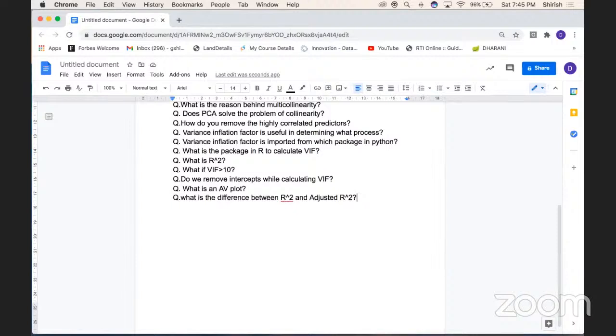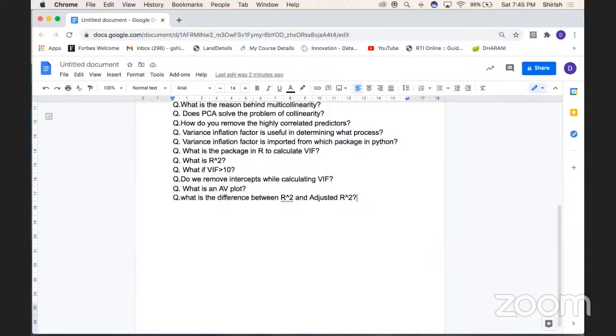Every independent variable is considered for explaining the variation. But when it comes to adjusted R square, it accounts for significant variables alone. It will only take into consideration the significant variables for indicating the percentage of variation in your model.